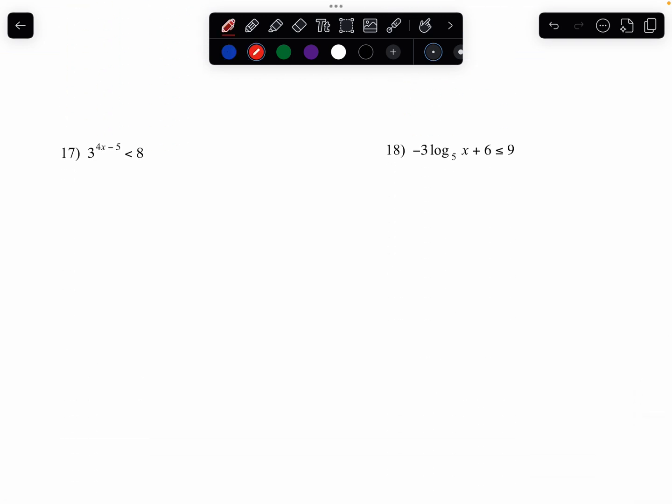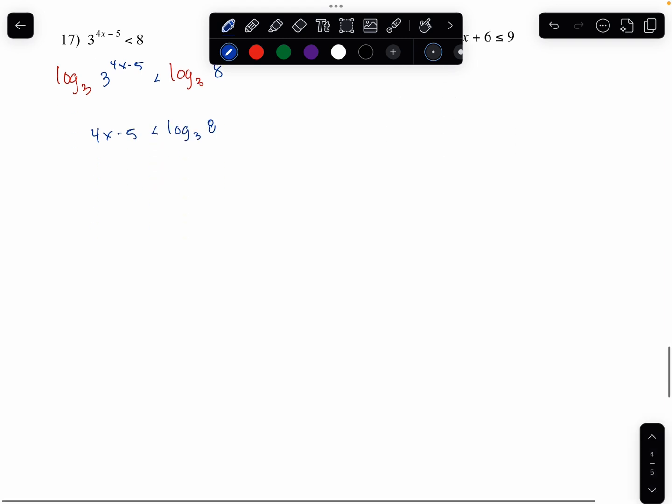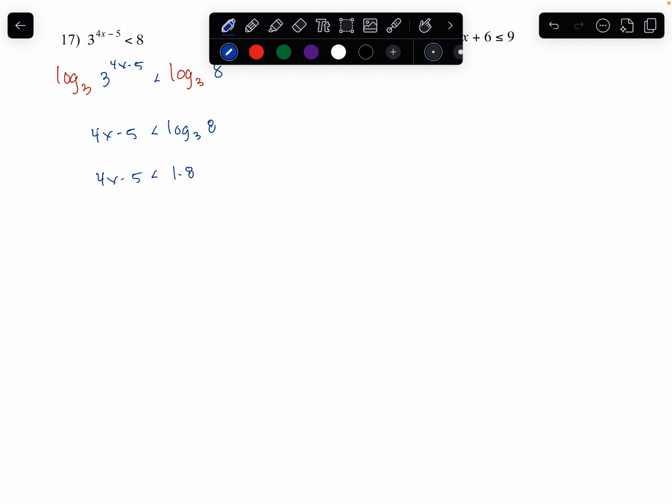In this case right here, I'm going to do a log base 3 of 3 to the 4x minus 5 is less than a log base 3 of 8. So then I'll get 4x minus 5 is less than log base 3 of 8. Let me do log base 3 of 8 in my calculator: log of 8 divided by log of 3. So I get 4x minus 5 is less than 1.893.